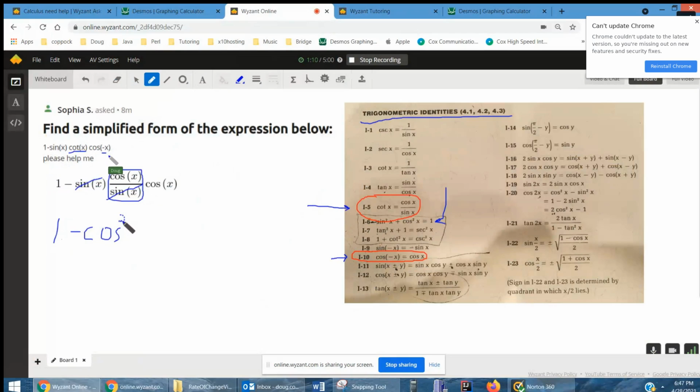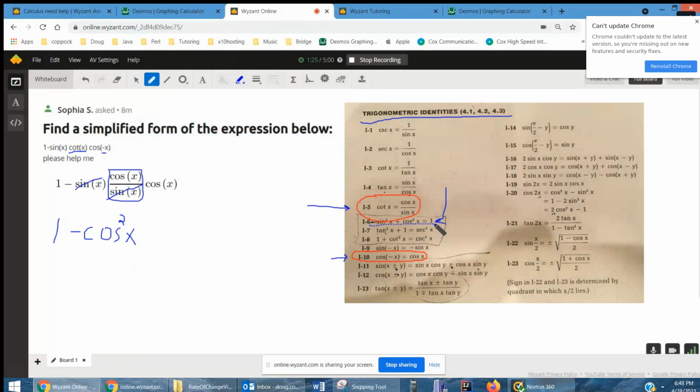Now that's probably simpler than what we started with, but you could probably make it a little bit simpler using this Pythagorean identity right here. Sine squared plus cosine squared is always equal to 1.